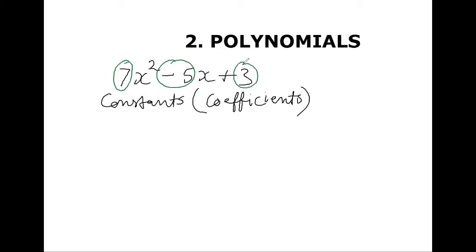These are constants or coefficients. Constant coefficients also you can say. So 7, minus 5 and 3 are constant coefficients or constants only. I hope you are writing 7, minus 5 and plus 3. These are constants. This is the first component of an expression.